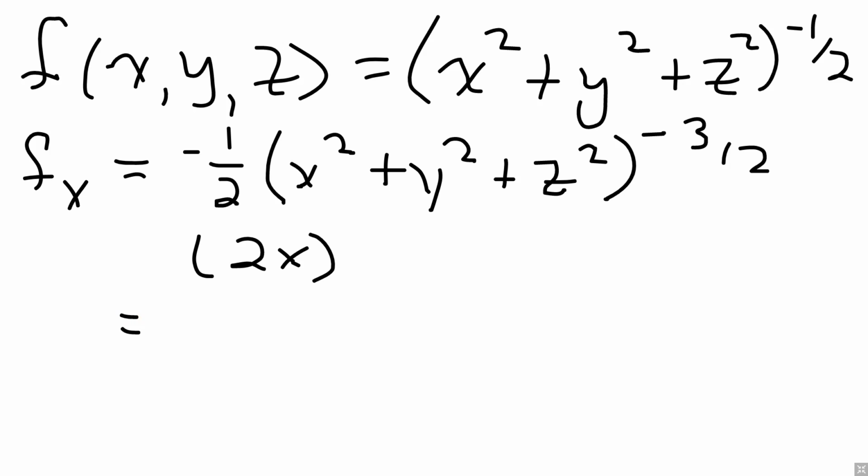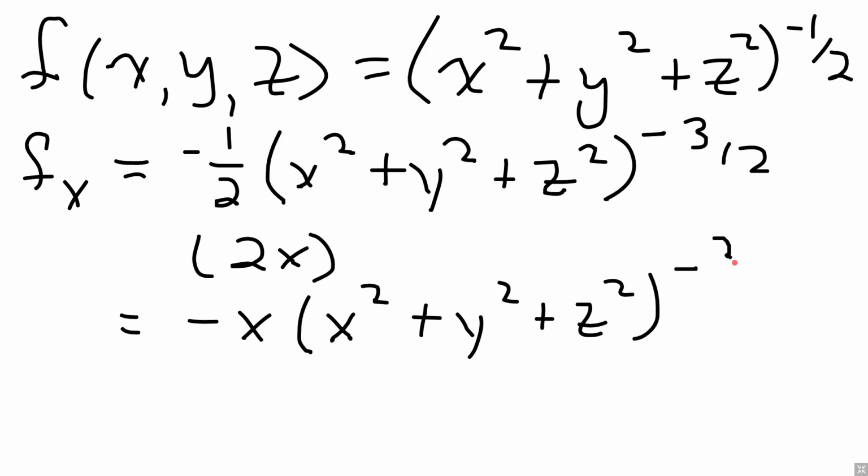If I clean this up, I end up with negative x times x squared plus y squared plus z squared to the negative 3/2. Any questions there?